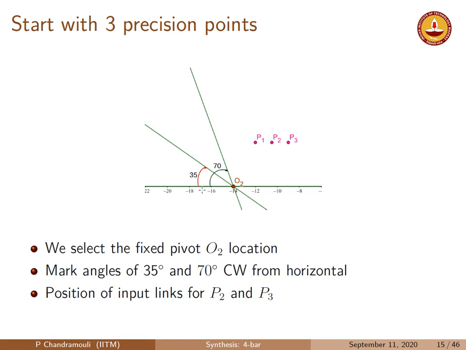To go from position 1 to position 2 is 35 degrees of rotation of the link O2A, and to go from P2 to P3, the link O2A will rotate by another 35 degrees to take you there. So this is what is demanded. This is called path generation with timing.